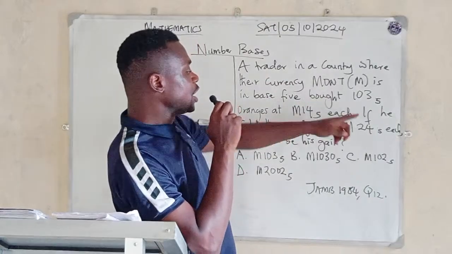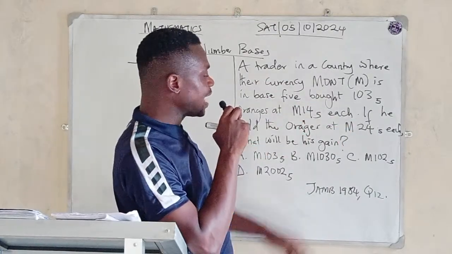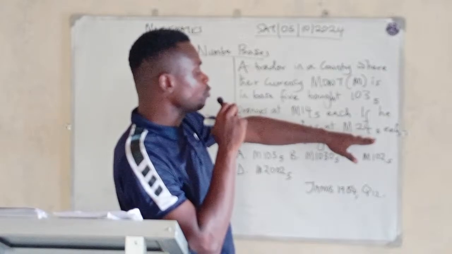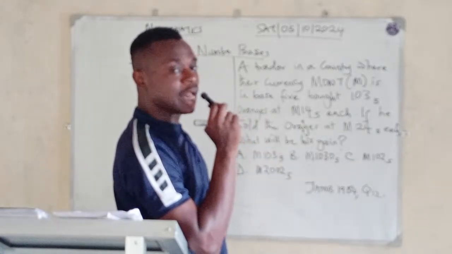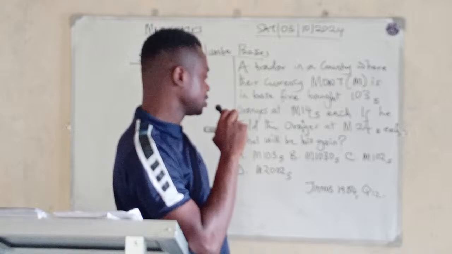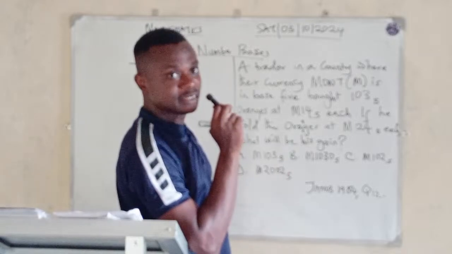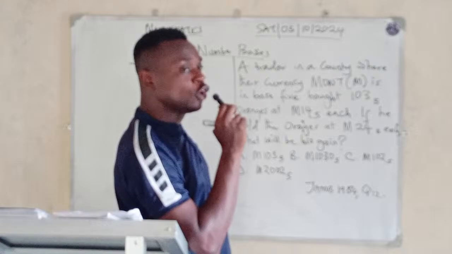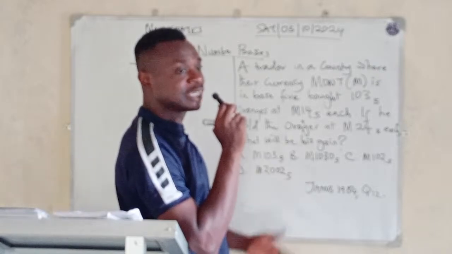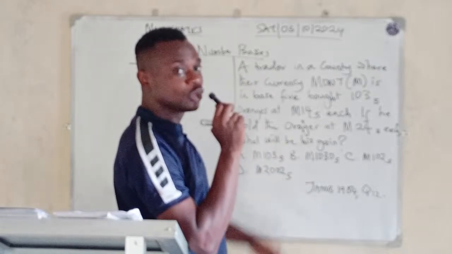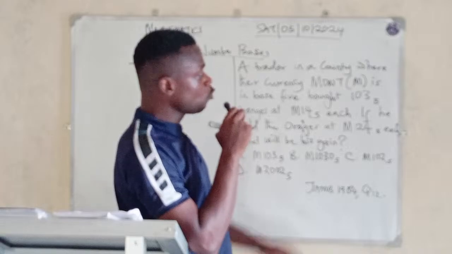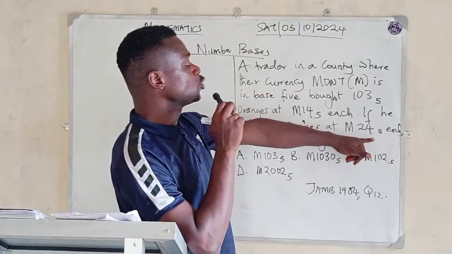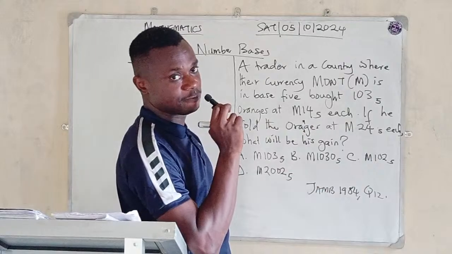But he sold the oranges at M24 to base 5 each. What will be his gain? For us to know the total amount he sold the oranges, we multiply this 103 to base 5 by M24 to base 5.